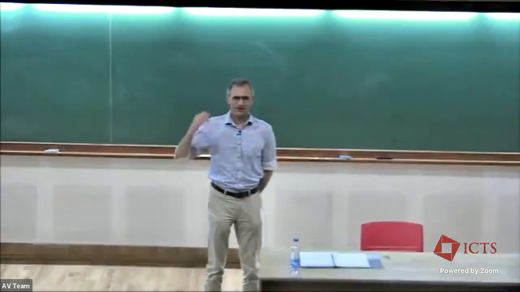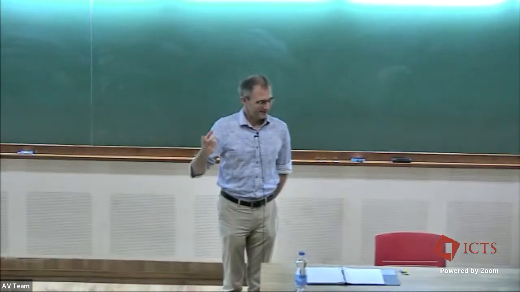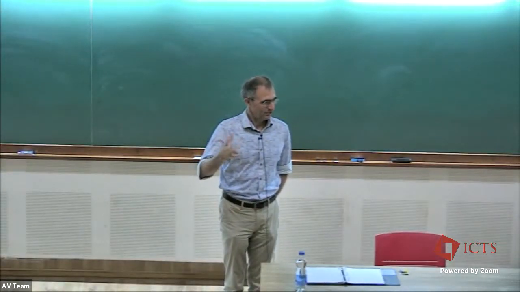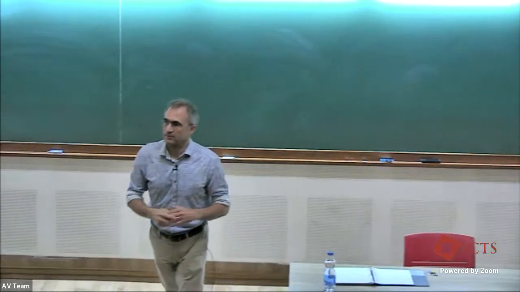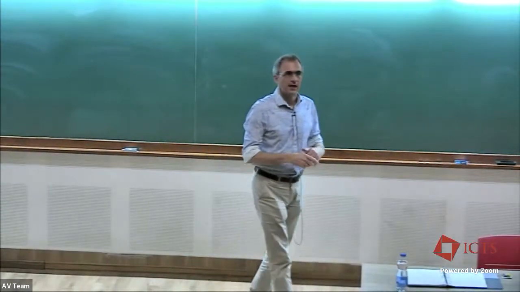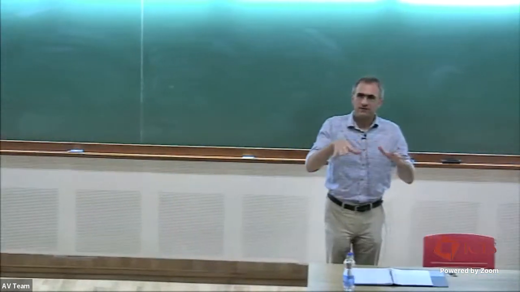So let's just try to remember what we did yesterday. We started with a 3+1 decomposition, and we started to explore that in the context of Maxwell's equations, in the context of electrodynamics, right? And we went through various different steps.